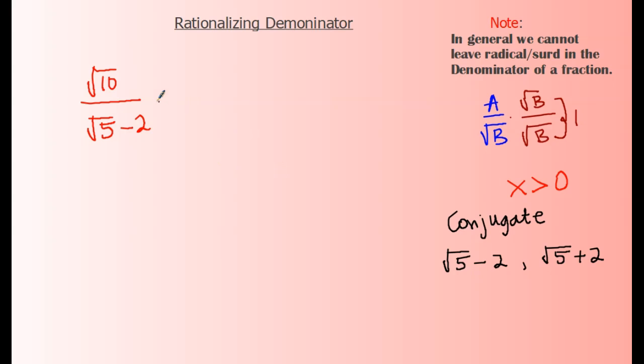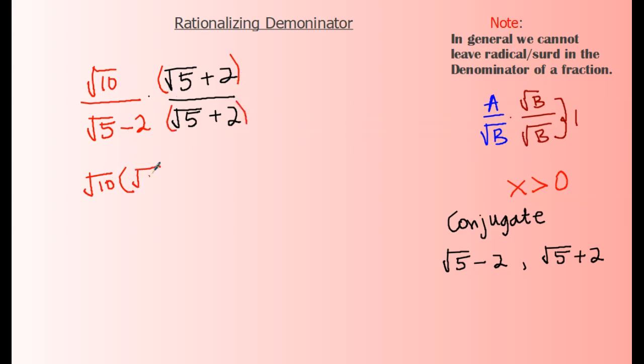And so here let's multiply by the conjugate, the denominator conjugate. So here it becomes root 5 plus 2. And we repeat the same thing down here. And now it becomes 10 times this here, square root of 5 plus 2, close.